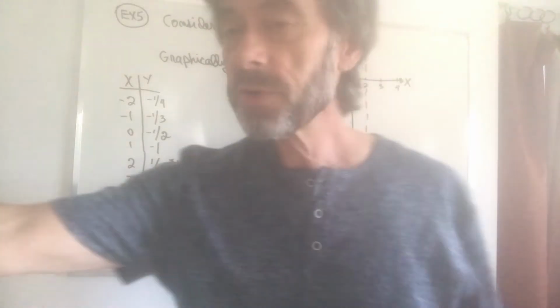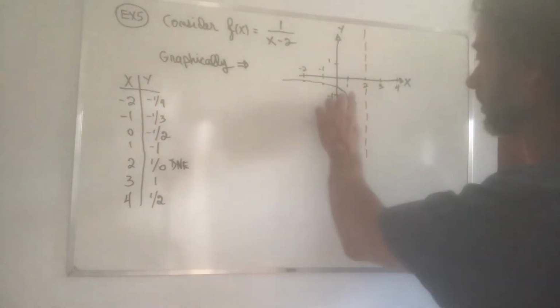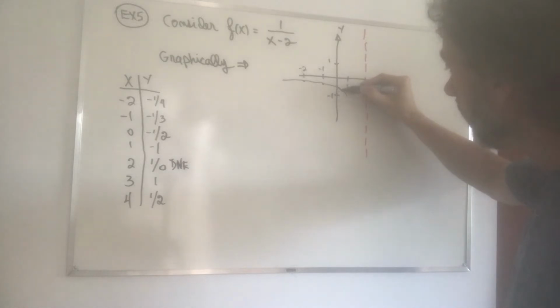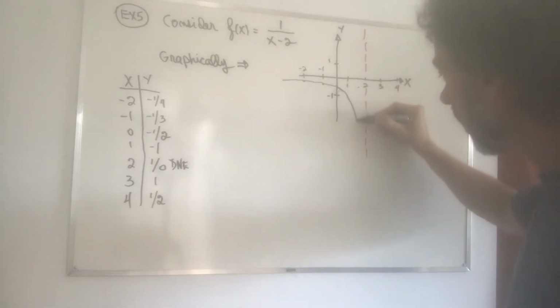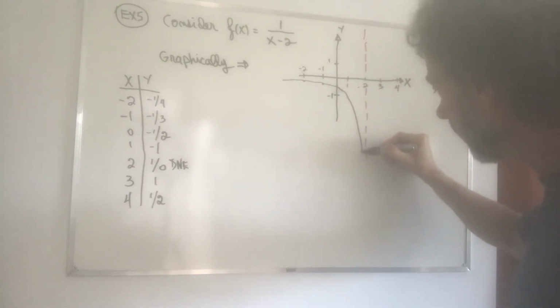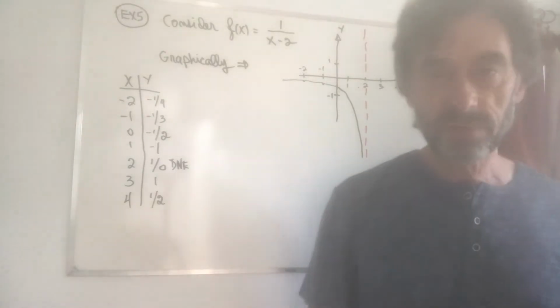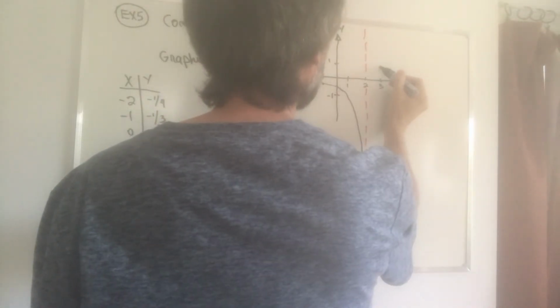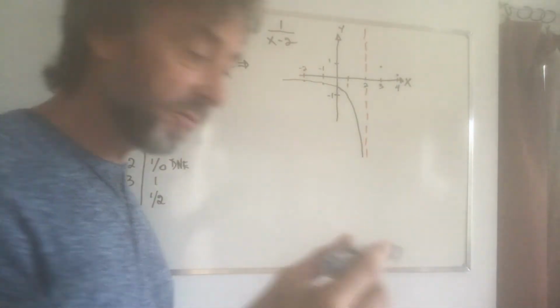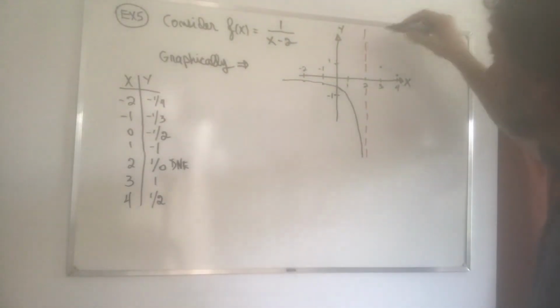This is a vertical asymptote. So my graph should actually lean more like this because it's a vertical asymptote. Now what happens on the other side? 3, 1, and then 4, 1/2. We can see that we're going to have exactly the reverse shape here. It's going to look like this.